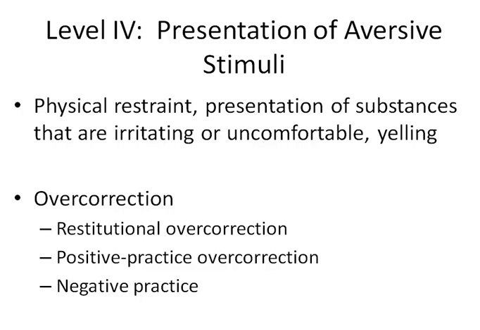So if a child has an accident, then if you were using positive practice overcorrection, the child would be made to sort of go through the routine of telling the caregiver that he or she needed to go to the bathroom, and then going through that routine of going to the bathroom, pull down your pants, sit on the toilet, get up from the toilet, wipe yourself, pull your pants up, wash your hands, do it again, do it again, do it again, for however many times it was determined.